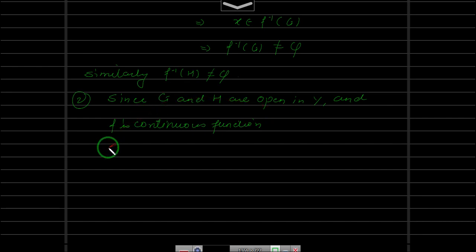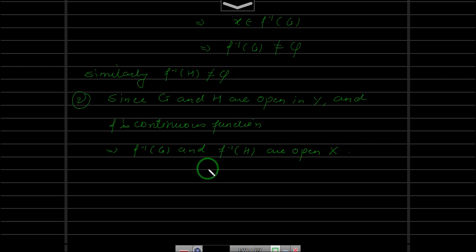This implies f inverse of G and f inverse of H both are open in the domain X. So two points are done.